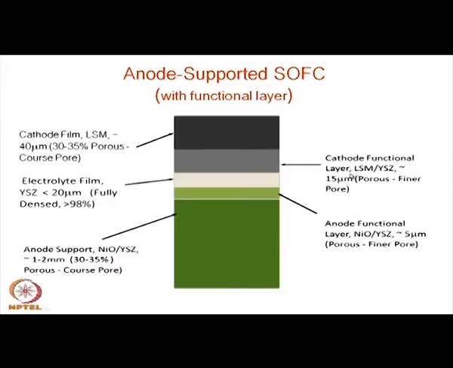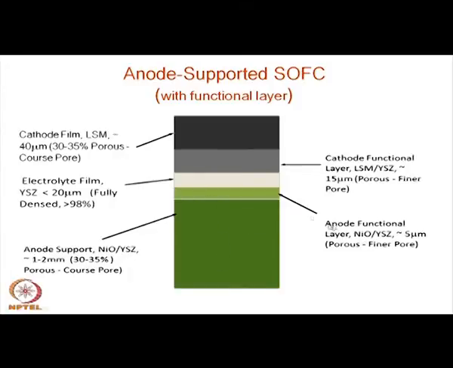It is very thin, about 10 to 15 micron, again porous, but with finer pores than the original cathode. Here also you have another layer called the anode functional layer, and I am just coming to the material. Compared to the anode, which has coarse pores, this has a finer pore. So, there is a gradient of pores in fact.